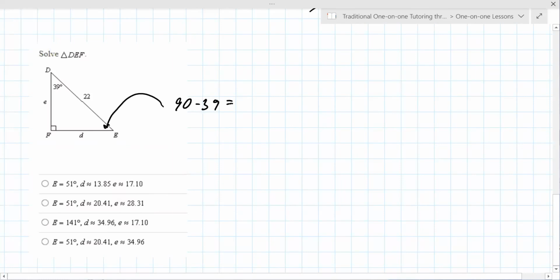Okay, yeah, right. And that would be 51. Are you using the Desmos Scientific? You really should have it up for the calculations.